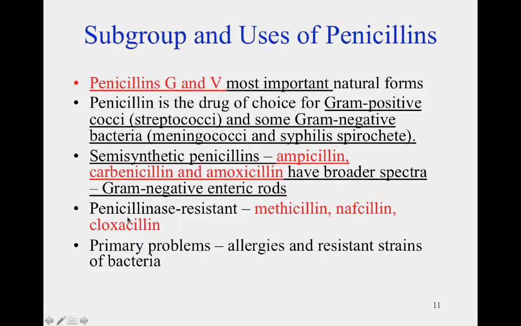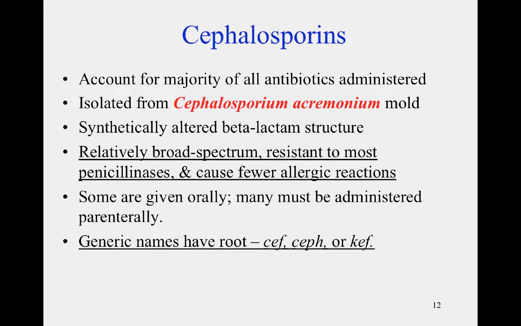So this is an enzyme that some bacteria devise to basically chew up the antibiotic penicillin. And so in that case, we would move to methicillin, nafcillin, or cloxacillin. Also, in some cases, people have allergies or resistance, so then we need to move to different types of drugs.